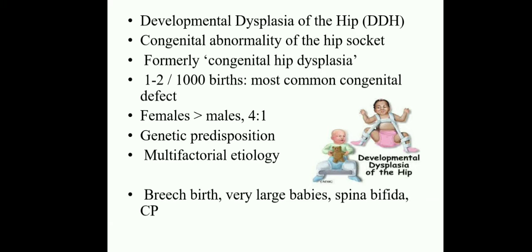It is associated with breech delivery or a very large baby, spina bifida and cerebral palsy conditions. Those children suffer with DDH, developmental dysplasia of the hip. It is a congenital defect. Braces are used for these children to replace the ball and socket joint.